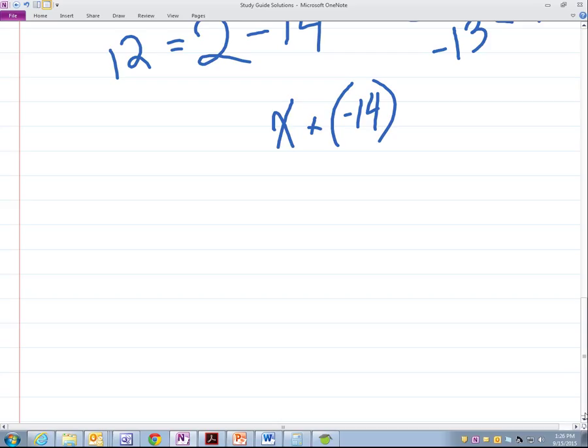Number 38, y is less than or equal to negative 14. Sorry, I read w, but I said y.